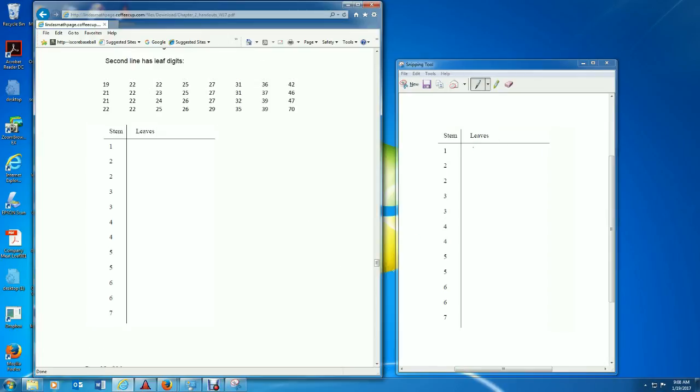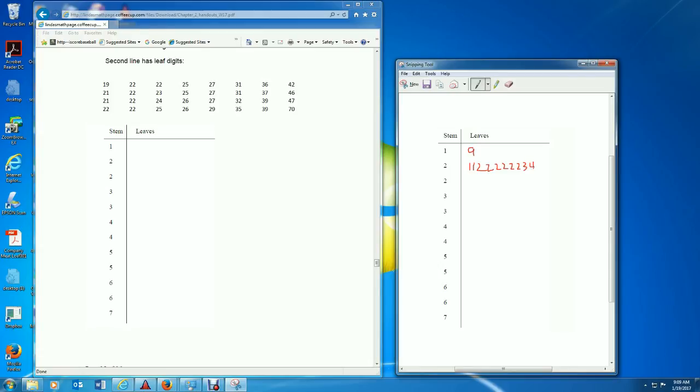All right, so again, the first one is 19, so there's a 1 and a 9. 21, 21, 22, how many again? 1, 2, 3, 4, 5, 6. 23 and 24.